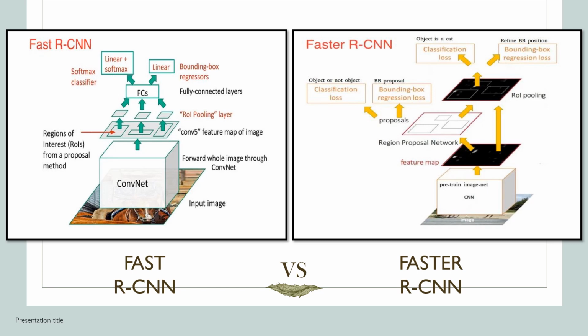So from the picture, we take some proposals, and then the output will go to the classification and bounding box. Also from the pre-trained model, we go to ROI pooling to match the RPN. Then the classification and bounding box regression are computed.